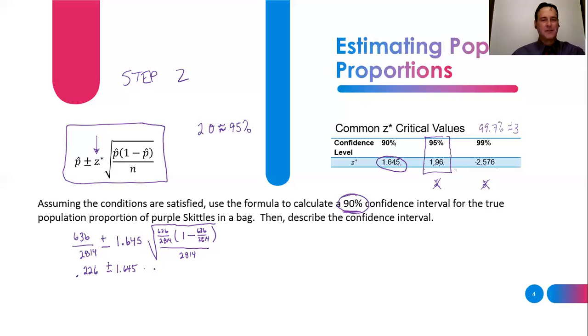I did already do this, and it gives you 0.008 when you round it. Taking it a step further, 0.226 plus or minus that 0.008, which is rounded, and from my calculator I multiply it by 1.645, and that gives me 0.01296, basically 0.013.